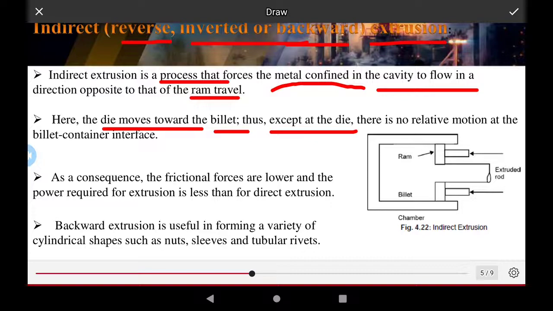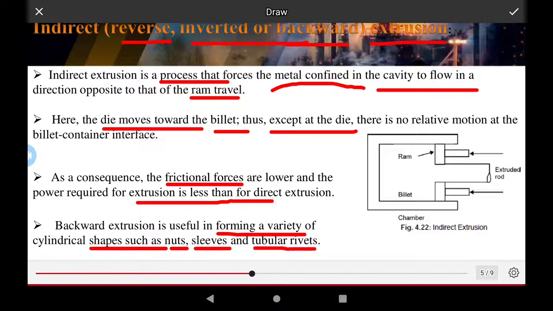There is no relative motion at the billet-container interface. As a consequence, the frictional force is low and the power required for extrusion is less than in direct extrusion. Backward extrusion is useful for forming a variety of cylindrical shapes such as nuts, sleeves, and tubular rivets.